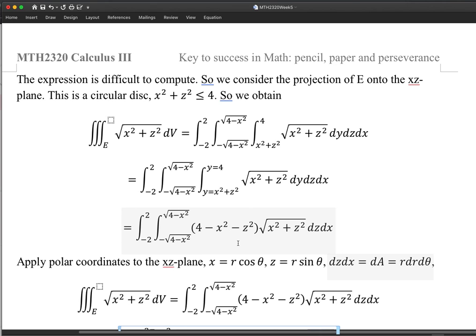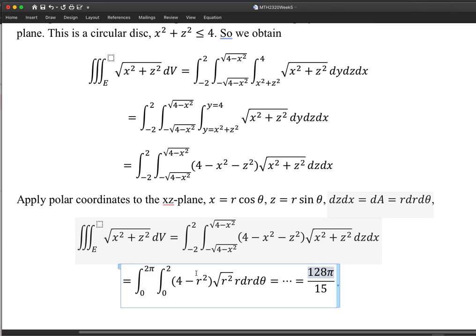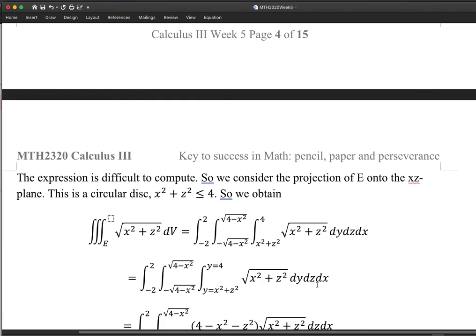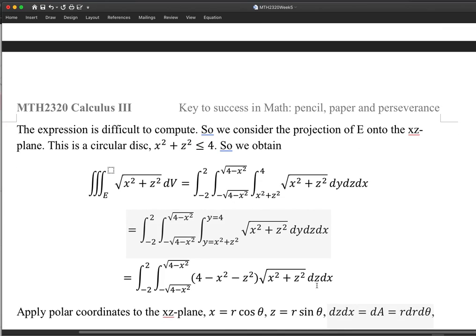So using polar coordinates in the xz plane, the triple integral is reduced into a double integral. This double integral is evaluated using polar coordinates, and in the end we figured out this number here. So this is the beginning part of triple integral in section 5.4. Thank you for watching.